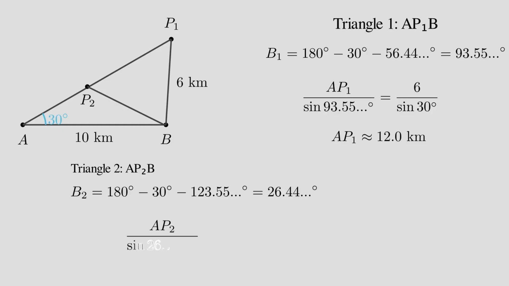Similarly, the distance from A to P2 is 6 times sine of 26.44 degrees divided by sine of 30. This is approximately 5.33 kilometers. So as predicted, there are two possible distinct locations where the distress beacon could be, given the information. The operator would need additional data, perhaps from a third station, to pinpoint the exact location.